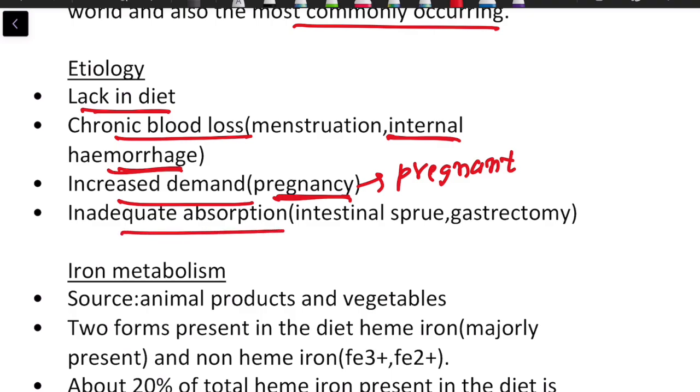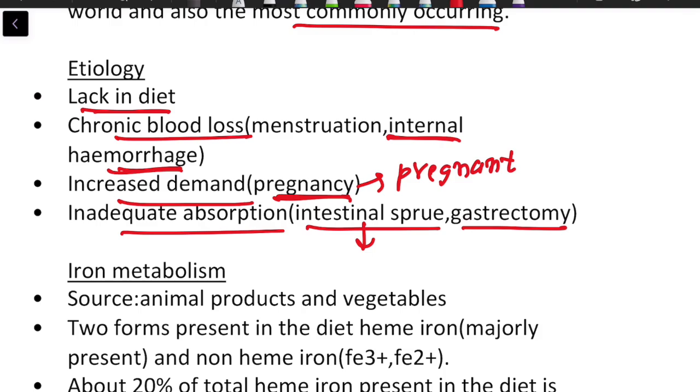If I talk about inadequate absorption, that iron is not being absorbed properly, that can be seen in cases of intestinal sprue or gastrectomy. Now in intestinal sprue, there is loss of duodenal mucosal cells, which can lead to decreased absorption of iron, because duodenal mucosal cells are involved in the absorption of iron.